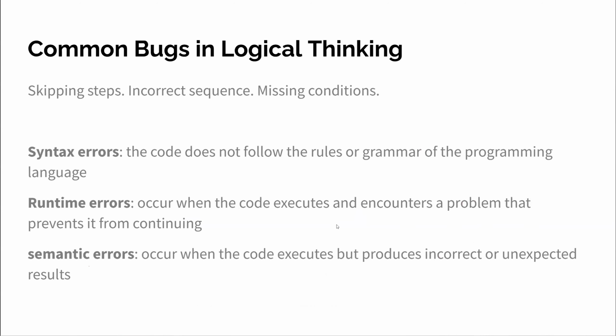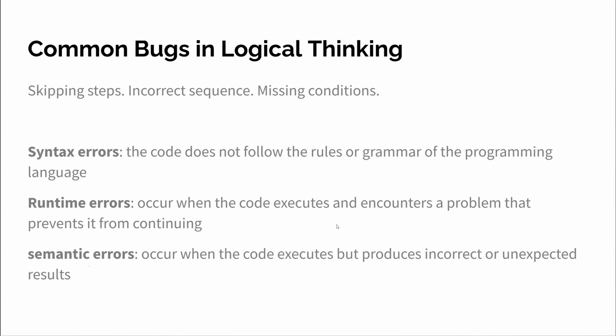Now, common bugs. We talked about debugging, but there are some common bugs that are good to mention here. For instance, from our side, we have skipping steps. Sometimes we forget certain steps, and we will have undesired results because of that. Sometimes we write an incorrect sequence.